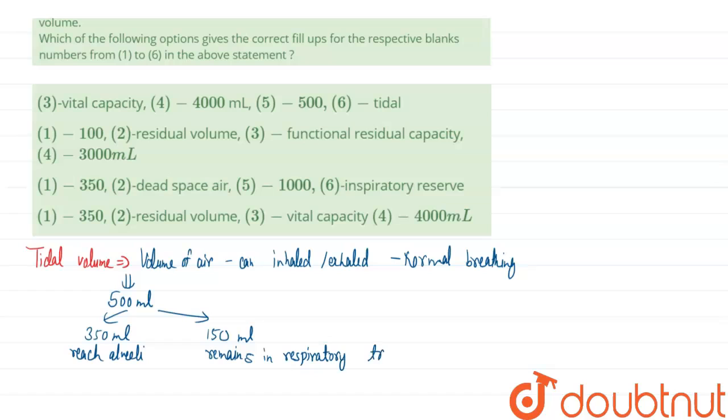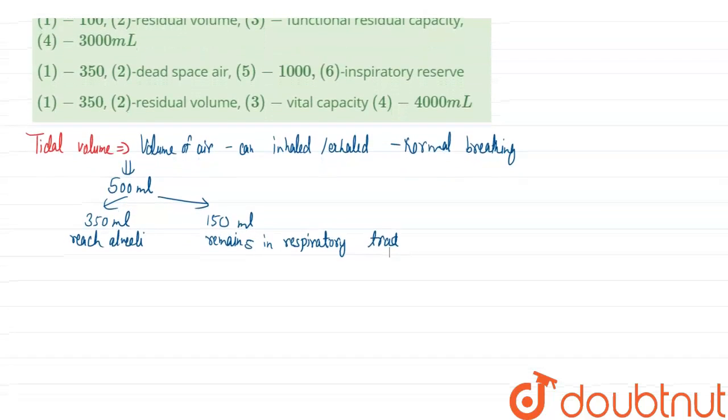It will be present in the respiratory passage, which means it will be present in the trachea and our respiratory tract, and this remaining 150 ml of air will be termed as the dead space volume. So here 150 ml will be the dead space volume.